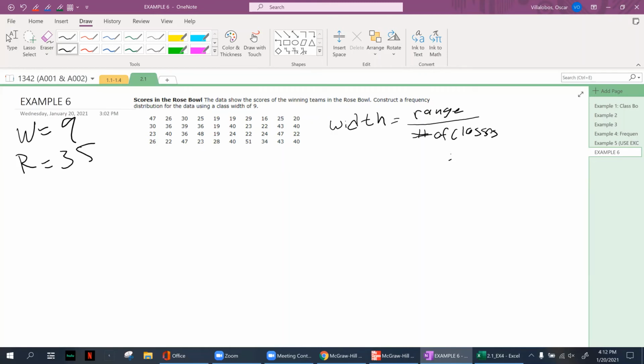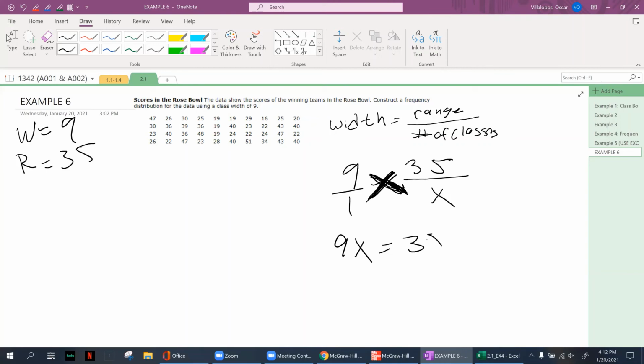So width, 9, equals range, which is 35, over, let's just say x, because that's exactly what I'm trying to find, my number of classes. So I'm going to cross multiply. 9 is the same thing as 9 over 1, so 9 times x gives me 9x, and 1 times 35 gives me 35.